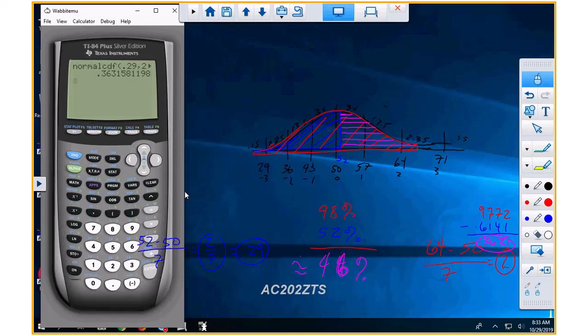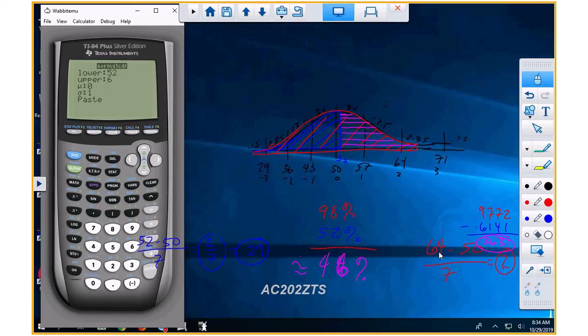Okay, so now let's do it the other way. Second VARS, normal CDF, and this time I'm going to put in 52, and I'm going to type in the other one, 68. Was it 68? Because I got 64 right here. That's why I'm off.